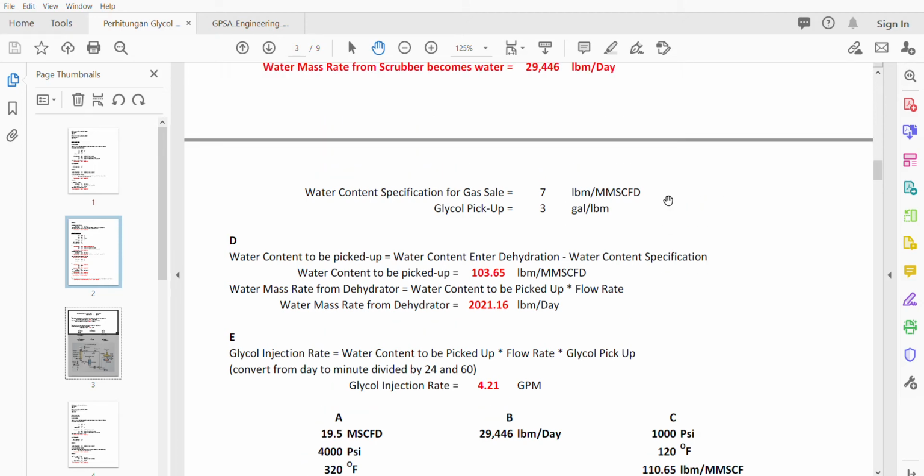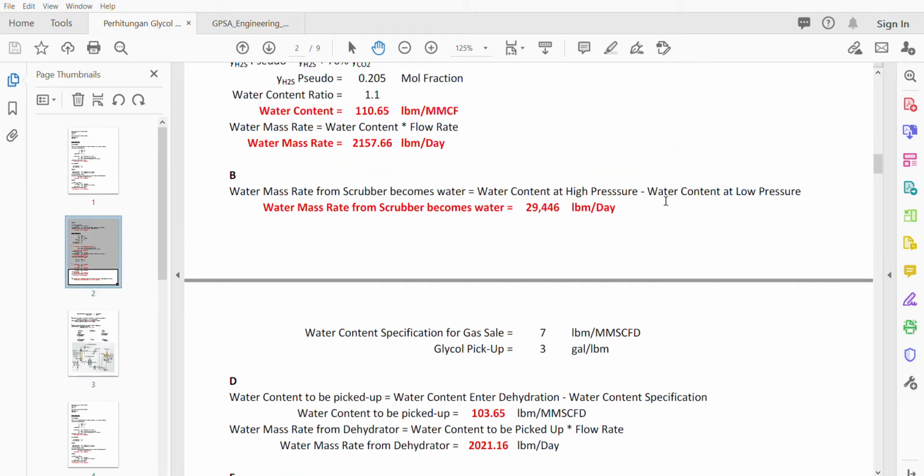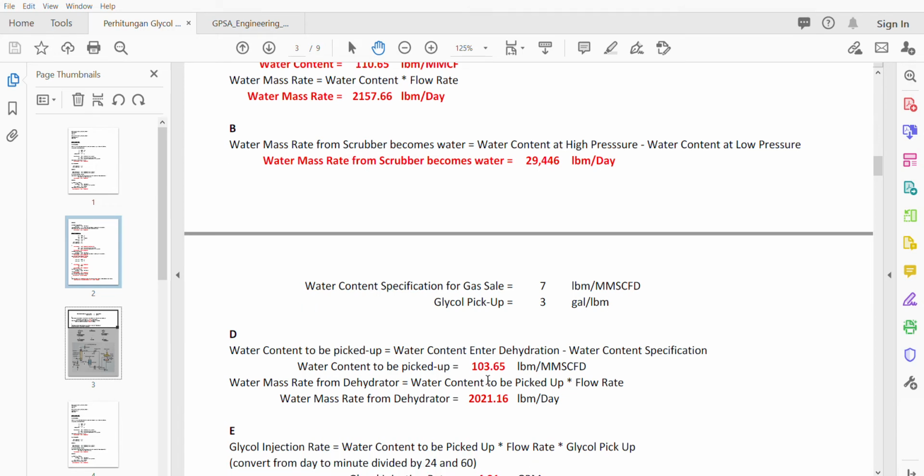Remember that the water content going into the dehydration is 110, and then the requirement is only 7, so we have to get rid of 103.65 pound mass per million standard cubic feet. So this one has to be picked up by the glycol. So the mass is just multiplied by the flow rate.